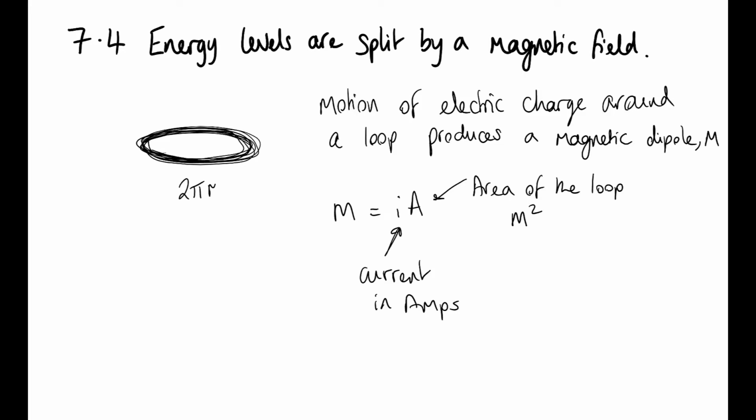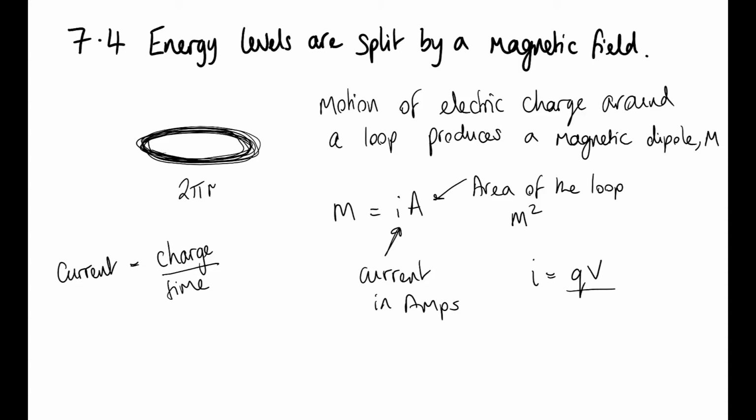Well, what is current? Current is equal to flow of charge per second. So we would expect it to be dimensionally associated with charge over time. And indeed, in this particular case, the current is equal to the charge multiplied by the velocity, with the electric charge moving around the circumference of the circle.